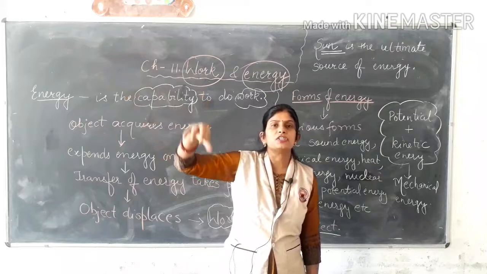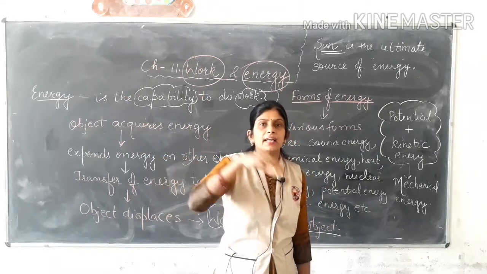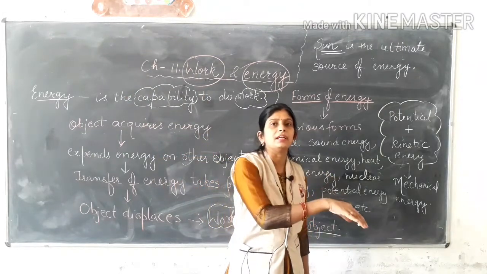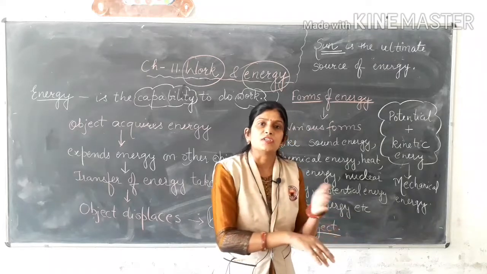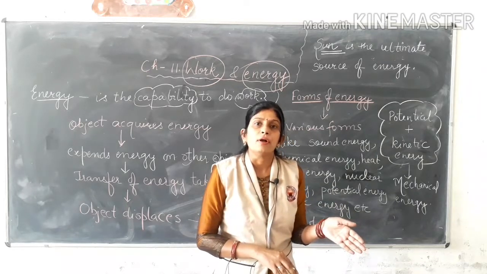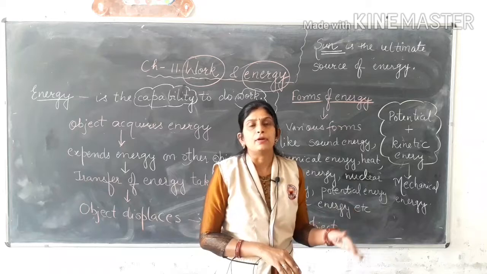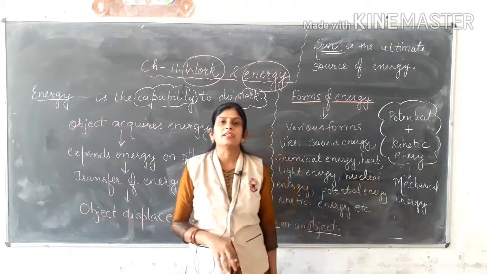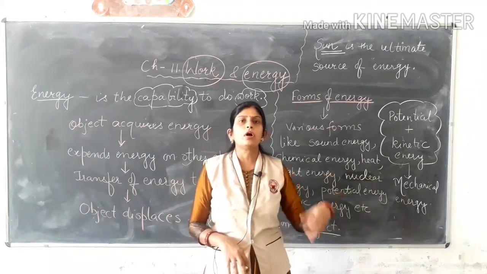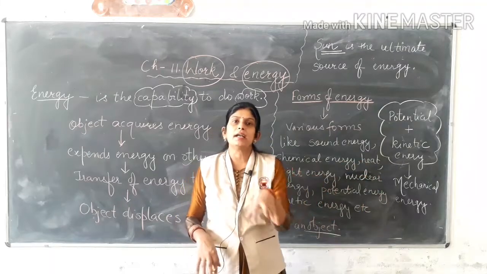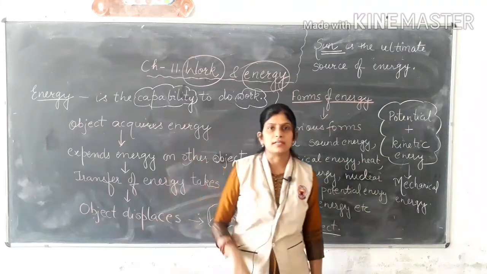So, the sun's energy is transferred into plants, then into animals, and then ultimately it is transformed in the form of petroleum. And that petroleum is used to produce electrical energy. So, overall, electrical energy is indirectly derived from the sun's energy.